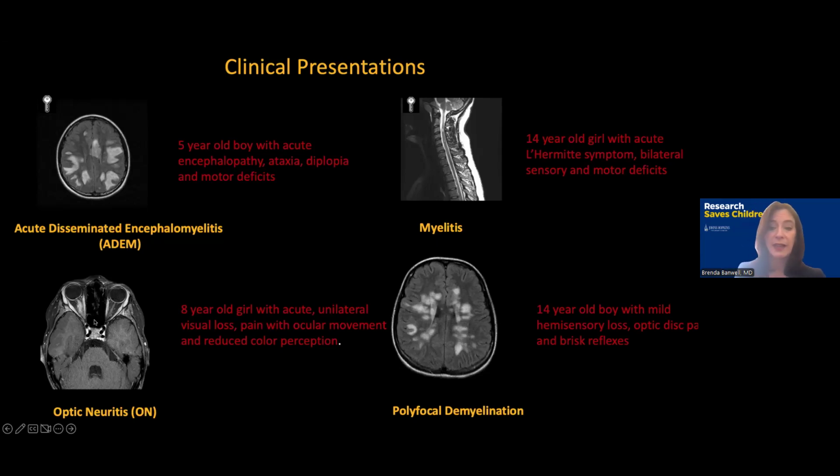And finally, the last image is a 14-year-old boy who came in with some numbness and tingling in his left upper extremity. When I examined him, his optic nerves showed that there was some pallor, which means that something had probably inflamed the optic nerve in the past, and his tendon reflexes were very easy to get, and abnormally increased.